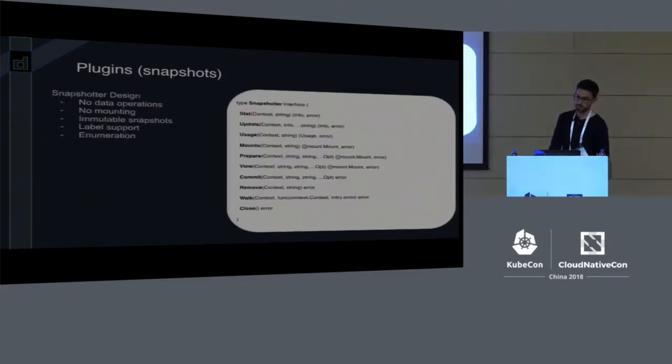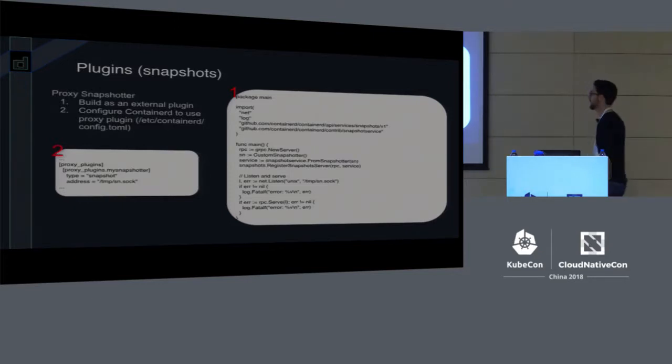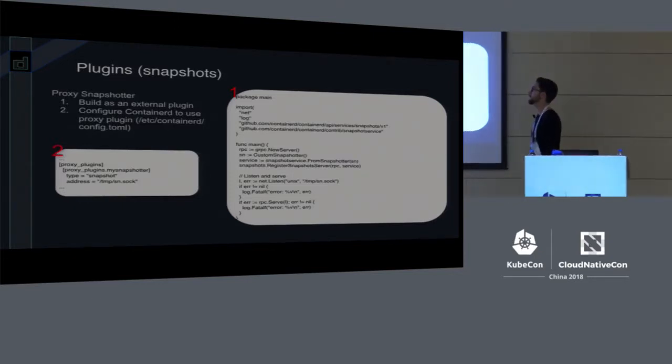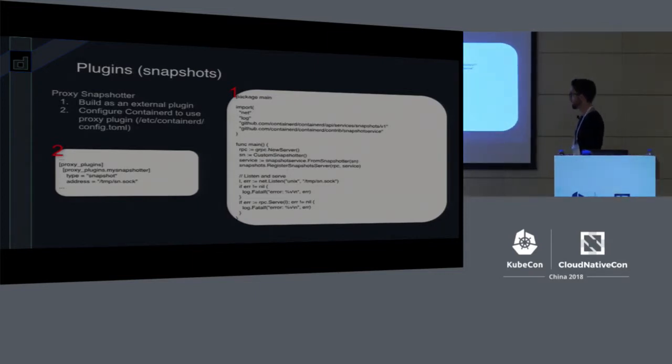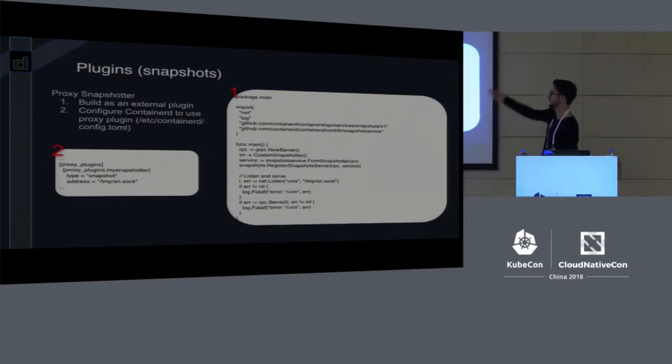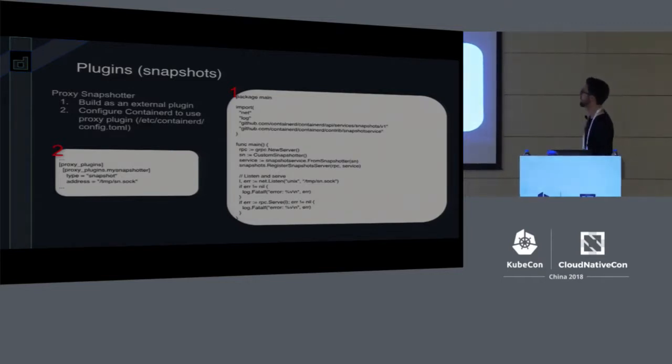So if you have this implemented, we have a gRPC interface that mirrors this and can be made available through gRPC. To configure it today, you would update the etc containerd config.toml.